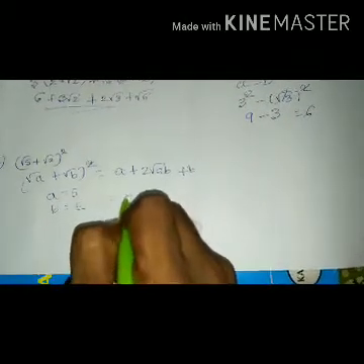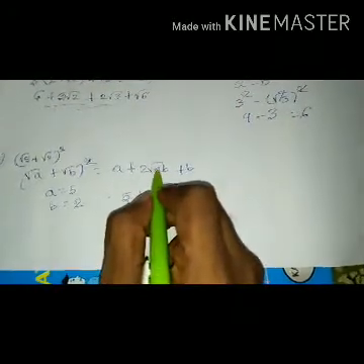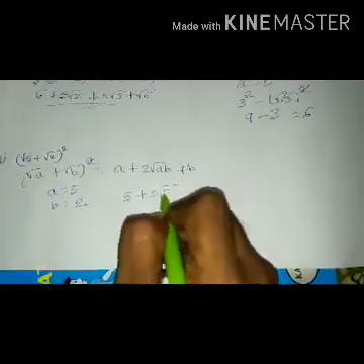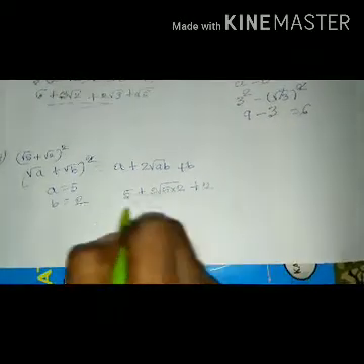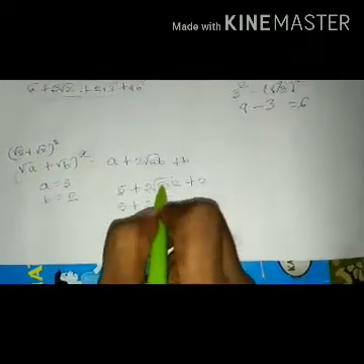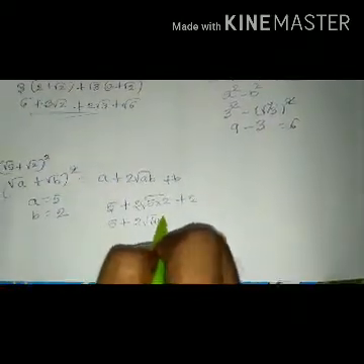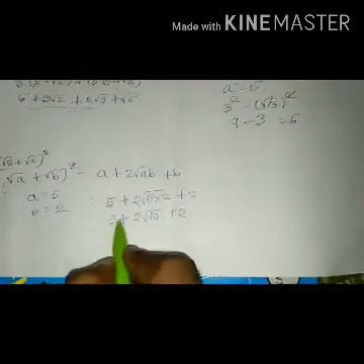The value of a is 5 plus 2 square root of the value of a is 5 and the value of b is 2, plus the value of b is 2. 5 plus 2 into square root of 5 into 2 is 10, plus 2. So here there are two rational numbers, that is 5 and 2.